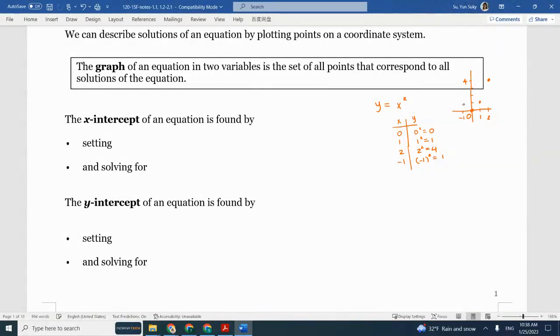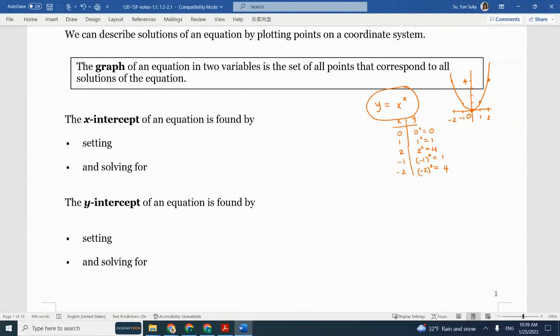And then how about -2? -2 squared, negative becomes positive, is 4. So we have (-2, 4). Then we connect the points together. So we get the graph of this equation y equals x squared. Okay, so this is the graph. We can put points on the coordinate system and connect the points smoothly to get the graph.